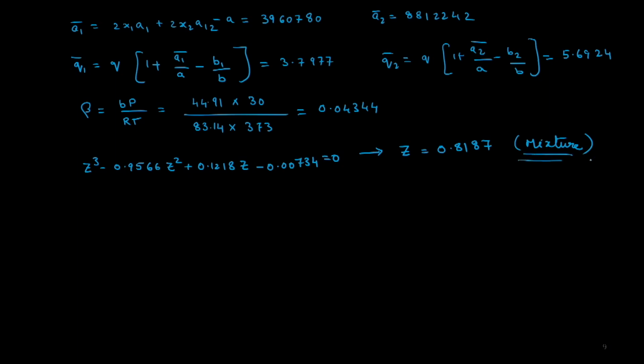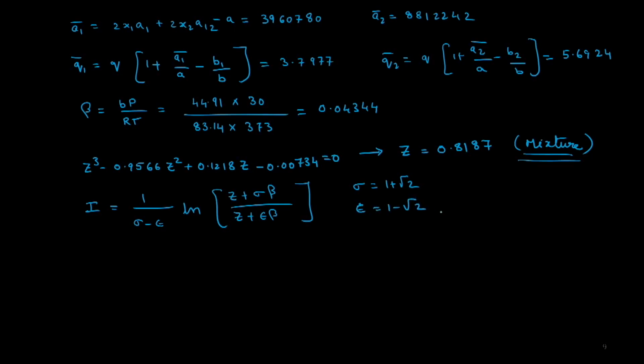So once I have Z for the mixture, I can go back and calculate I, which is 1 by sigma minus epsilon ln of (Z plus sigma times beta)/(Z plus epsilon times beta). For Peng-Robinson, sigma is 1 plus square root of 2, epsilon is 1 minus square root of 2.